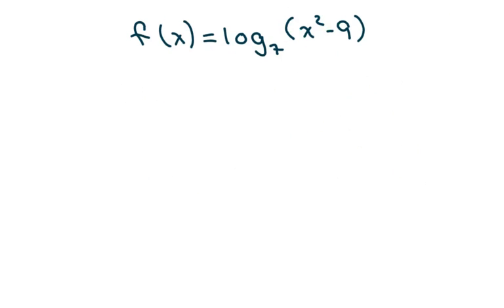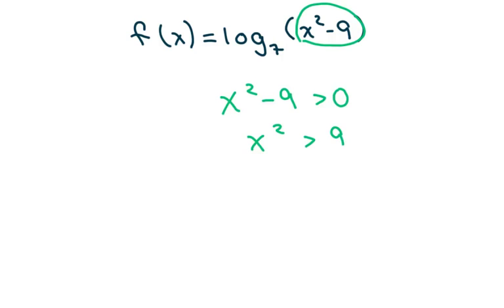And then for the last one, we have this one. This has to be positive. So let's just set that to be positive. You're going to get x squared is greater than 9. Or you could say the absolute value of x is greater than 3. And basically what we did, if you take the square root of both sides, you get plus or minus 3.